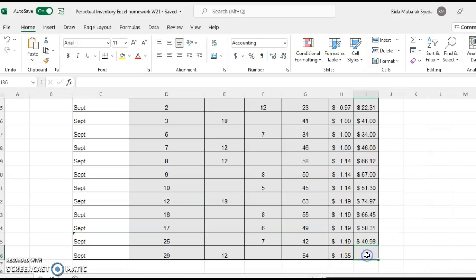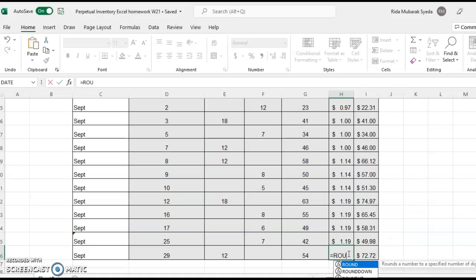And when we do the cell reference again, 54 times 135, we have 72, but that's not what we have. I have 72.90. So let's use the round up formula over here again.